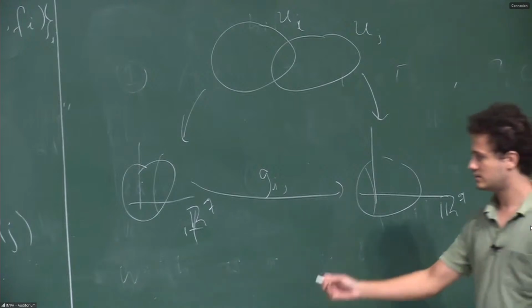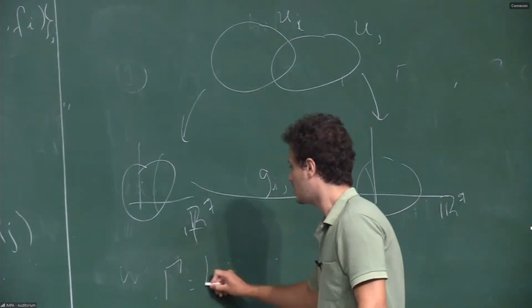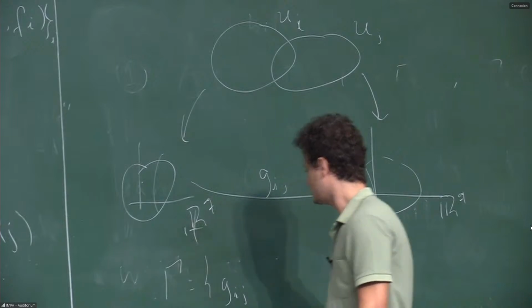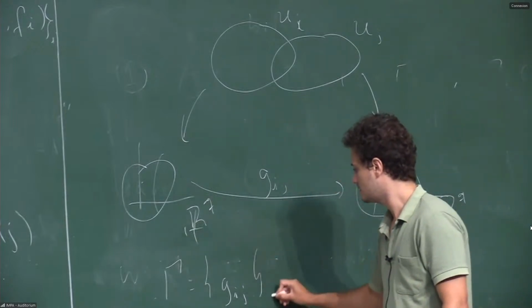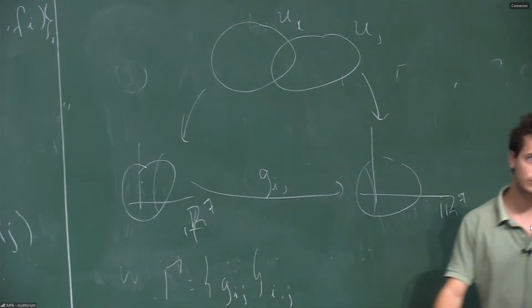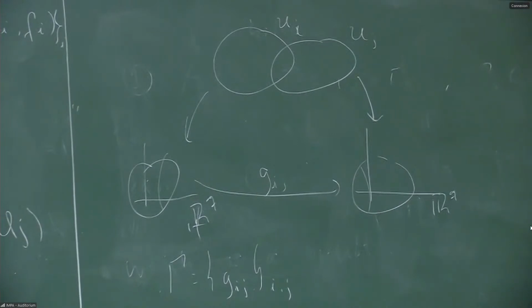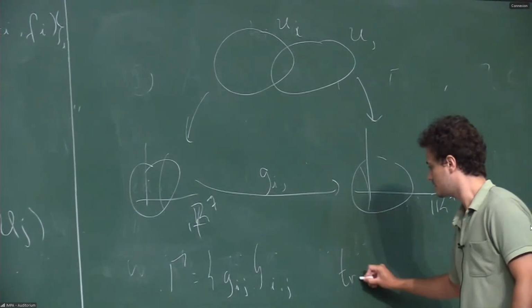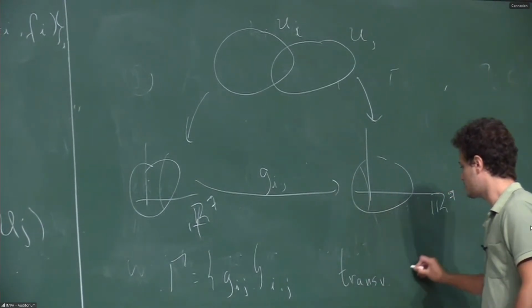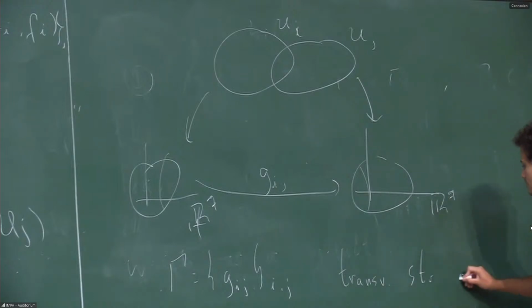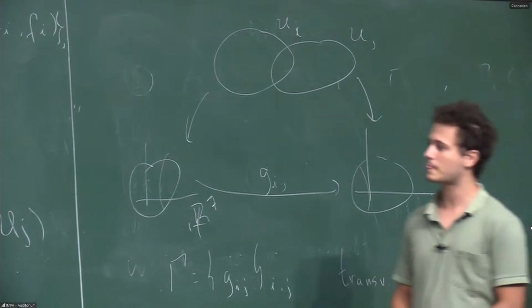And this set Γ of the g_ij's is a set of local diffeomorphisms, a pseudo group, and we call this the transverse structure of F. Okay?